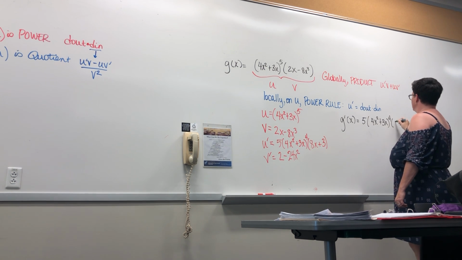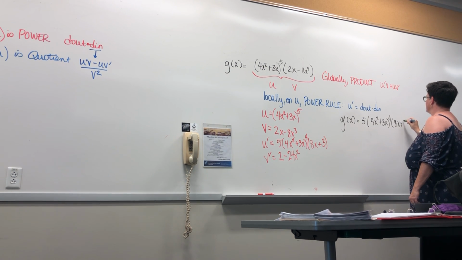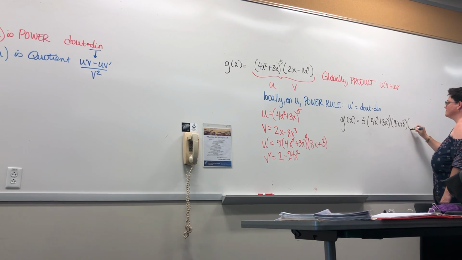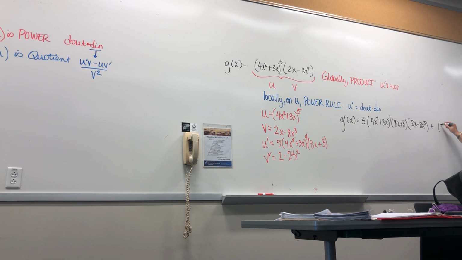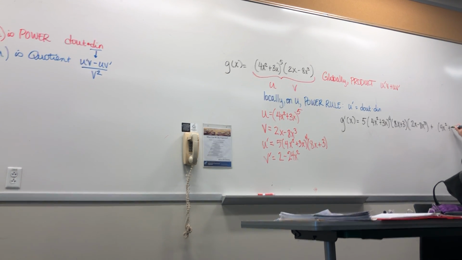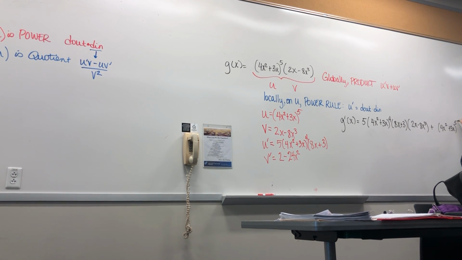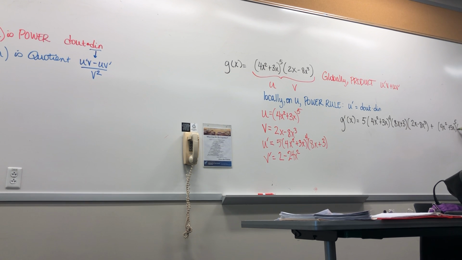That's my U prime times V, which was 2x minus 8x cubed, plus U, which was 4x squared plus 3x to the 5th, times V prime, 2 minus 24x squared.